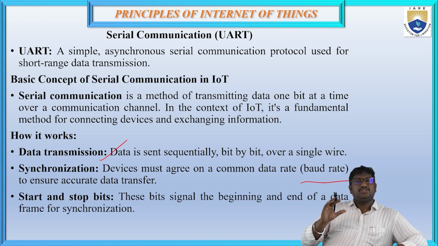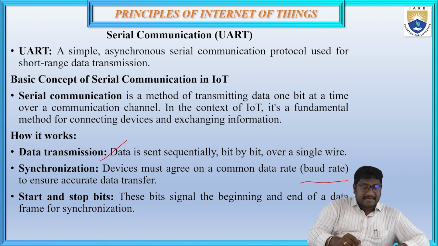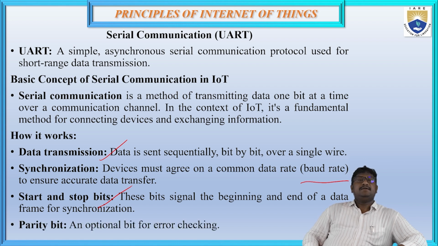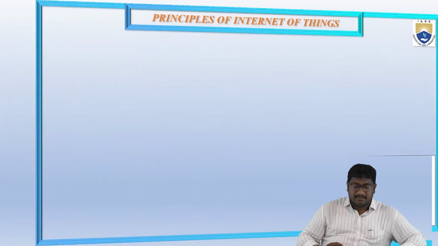Then start and stop bits. These bits signal the beginning and the end of a data frame for the synchronization process. This is how serial communication functions: data transmission, synchronization, start and stop bits, and also the parity bit, which is an optional bit for error checking.